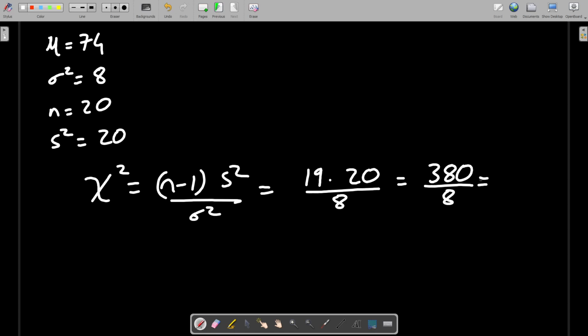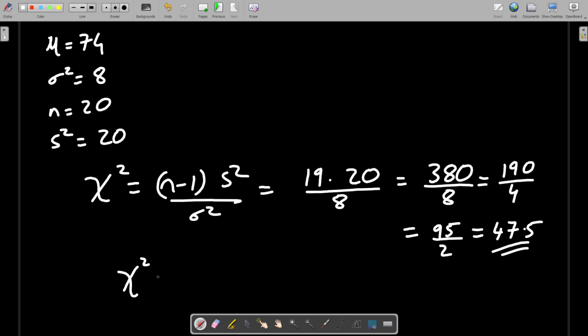This will divide out, 190 divided by 4, which is 95 by 2, which is equal to 47.5. Okay, chi-square is equal to 47.5.